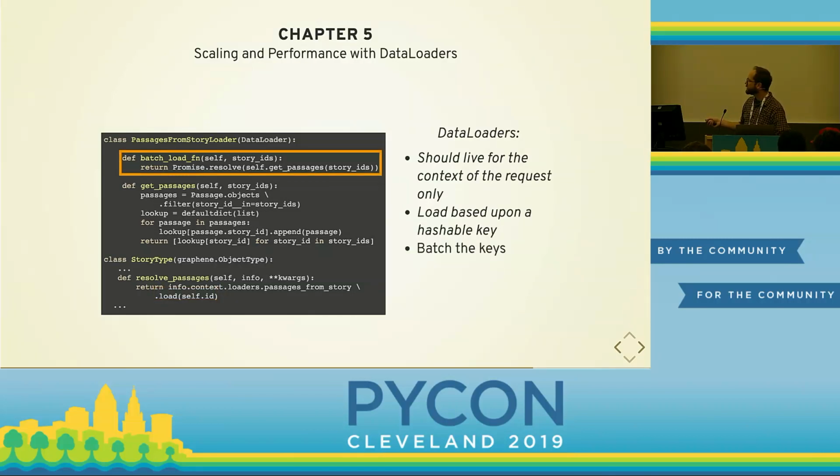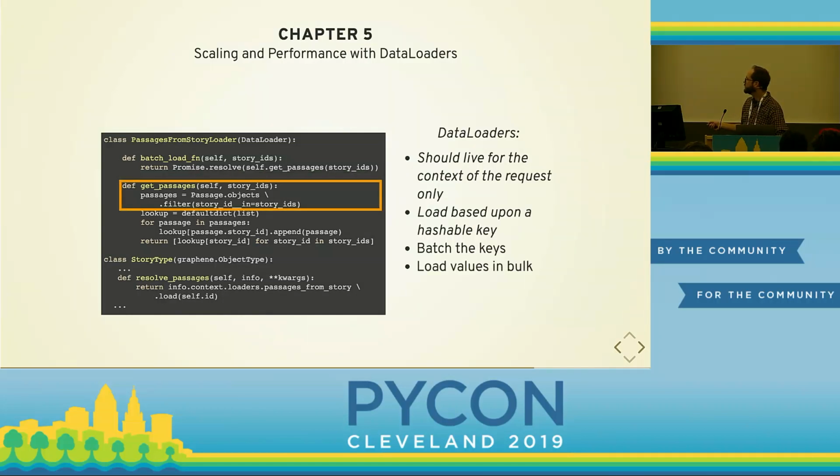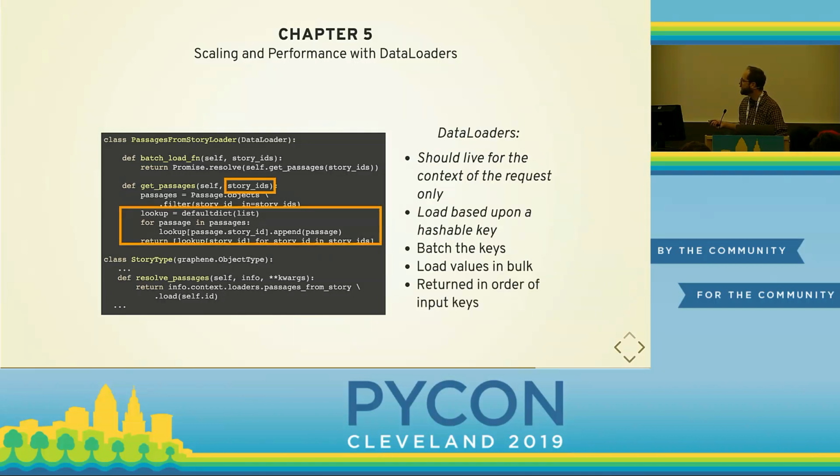DataLoader is going to batch those keys across all of the requests that we had, and then it's going to load the values in bulk. So it's going to get all the passages for those story IDs using the Django ORM. Then we need to return the values in the order of the input keys.